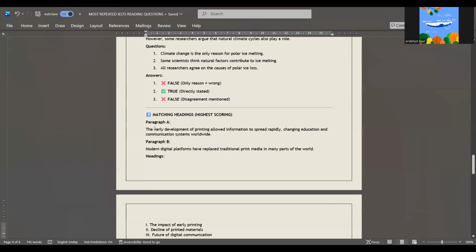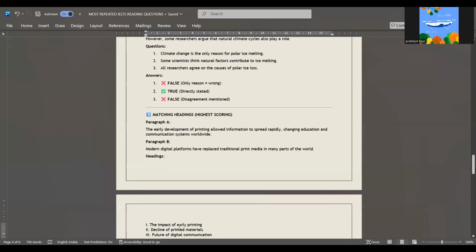So first of all, we should read the paragraph for matching headings. The early development of printing allowed information to spread rapidly, changing education and communication systems worldwide. So here are three headings: the impact of early printing, decline of printed materials, future of digital communication.